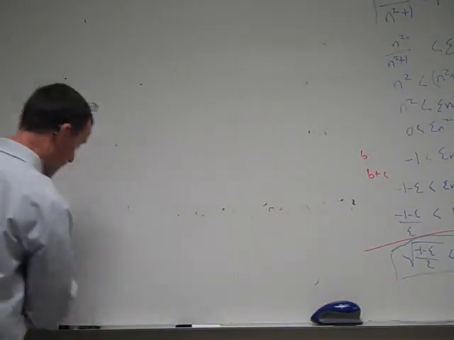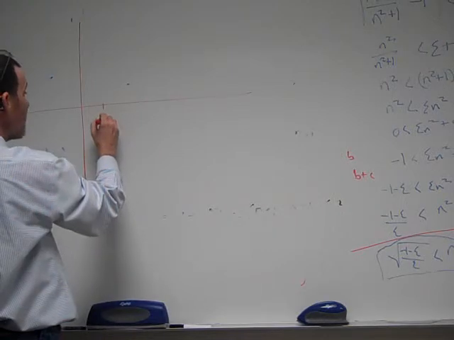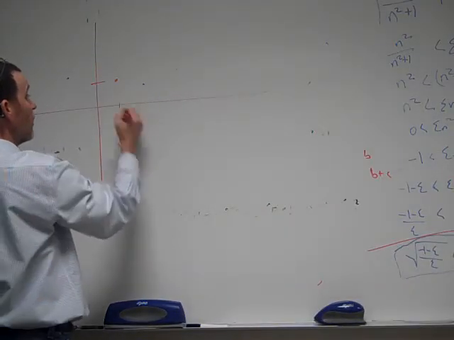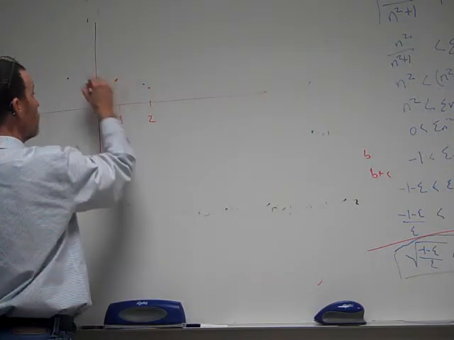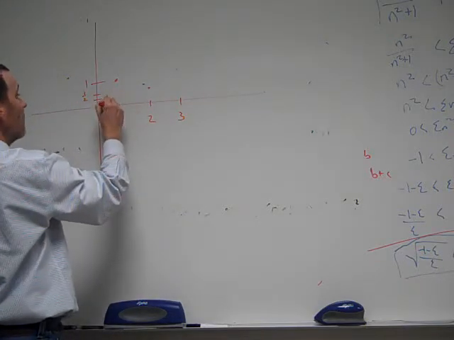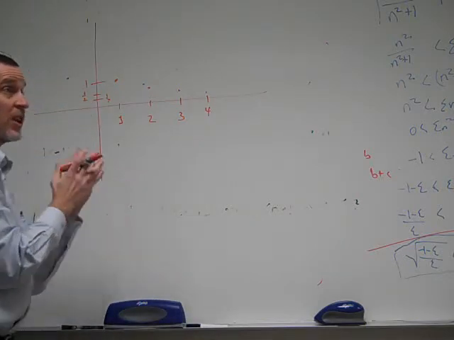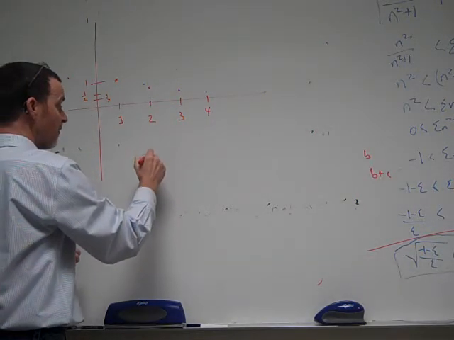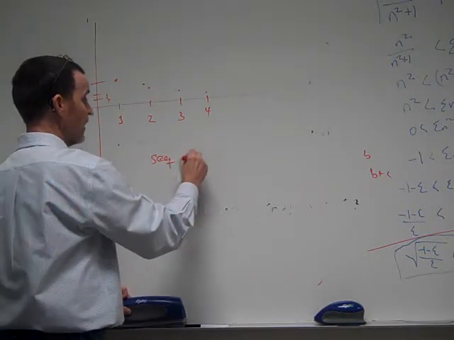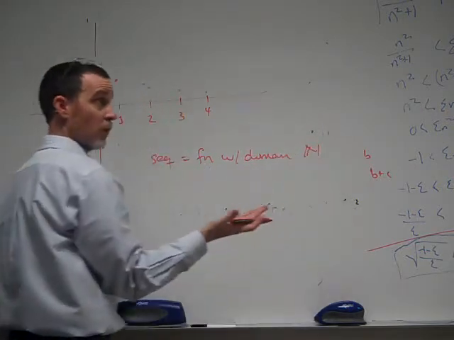What I'm trying to do is point out the following. Our sequence is only defined for natural numbers. So at 1, it's equal to 1, right? If I was to graph my sequence, it would look like this. Because the domain of our sequence, our definition of a sequence, is a function with domain the natural numbers.